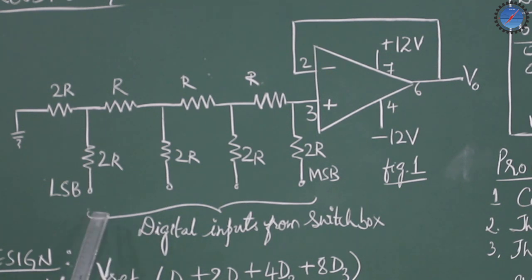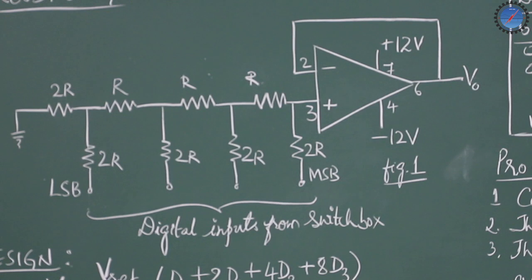If you want to make the input high, then we can apply plus VR, which is equal to plus 5 volts. Suppose if you want to make the input low, then that particular resistor is grounded. So you can apply both input high as well as low.